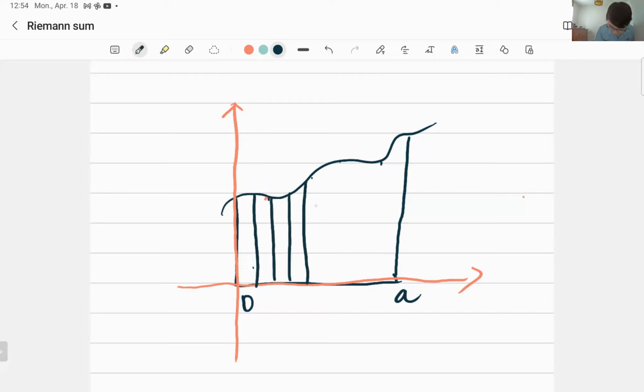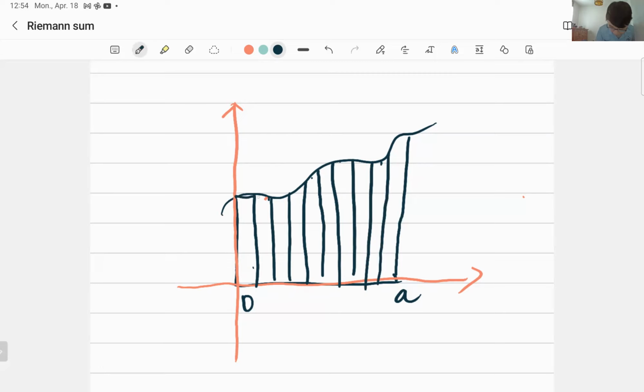Again, the widths are the same, despite my drawing. Let's draw more and more. Again, we still estimate from the left.